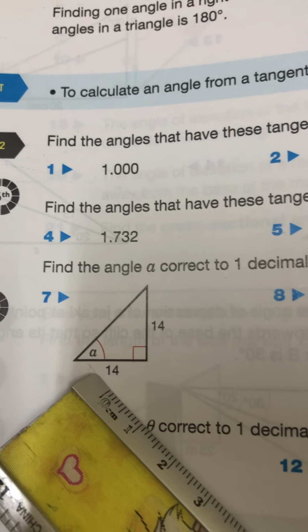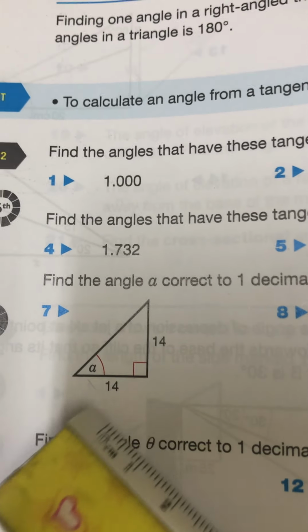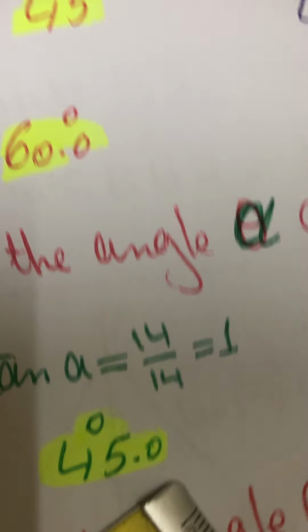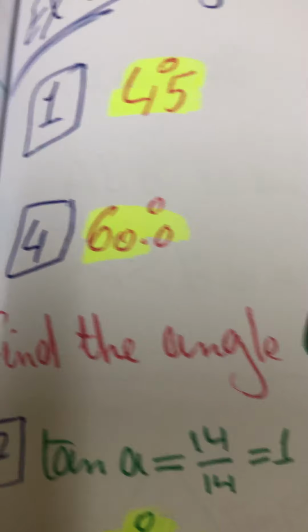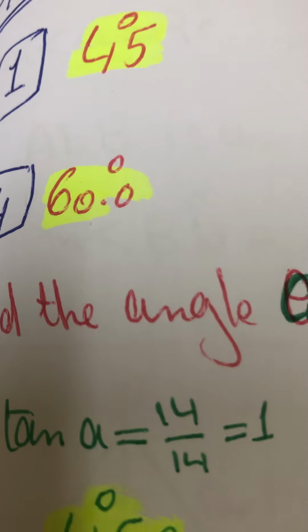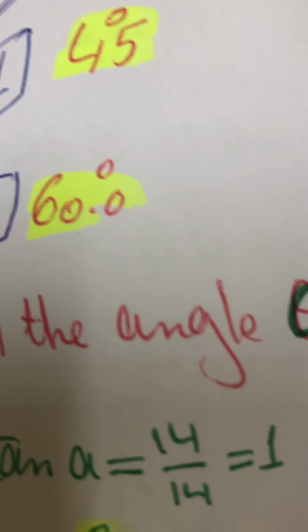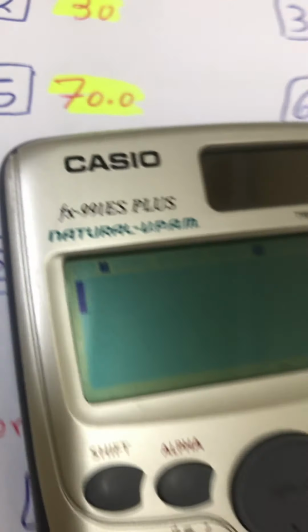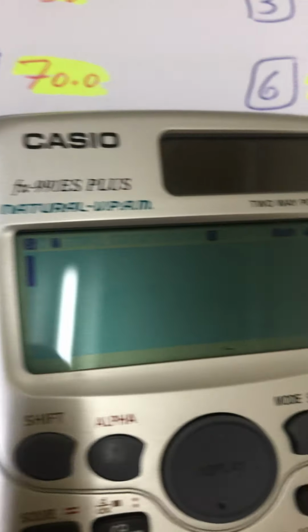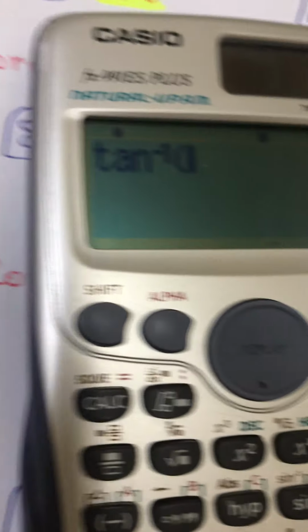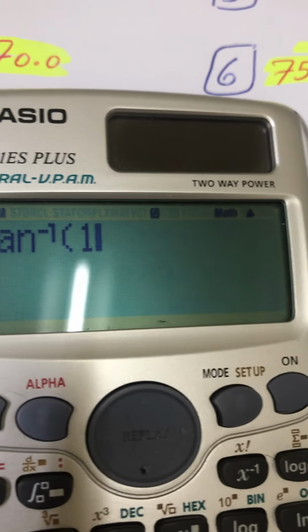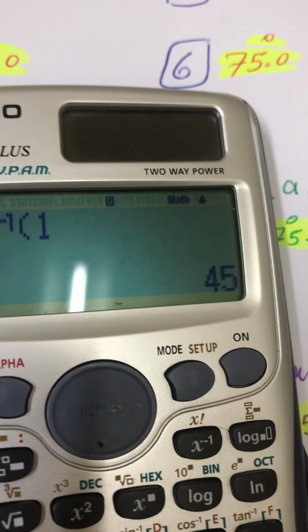The tangent is opposite over adjacent. So tan A equals 14 over 14, which equals 1. So now I have tangent 1. Go to your calculator, press shift, then tan, then 1. So you have tan inverse 1. Press equal, so the angle is 45.